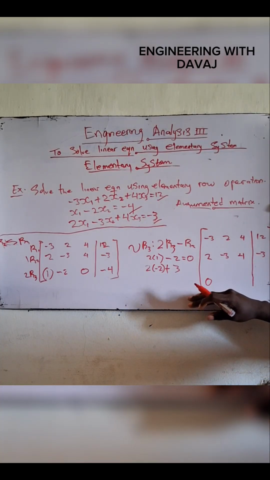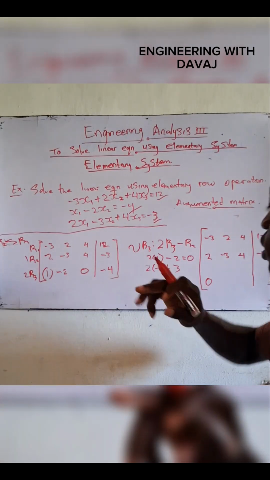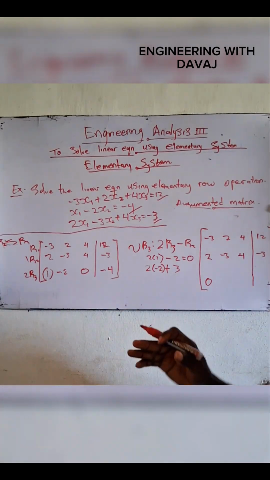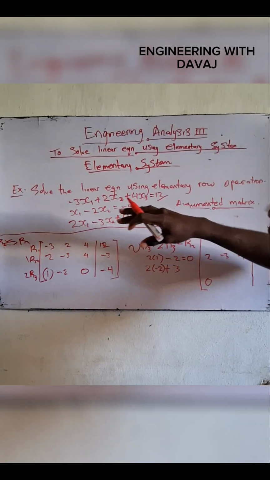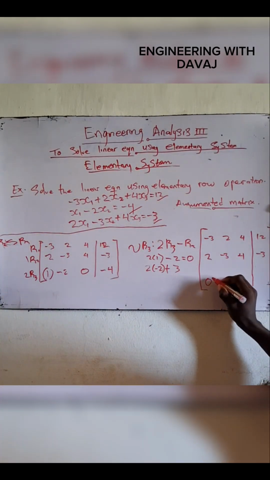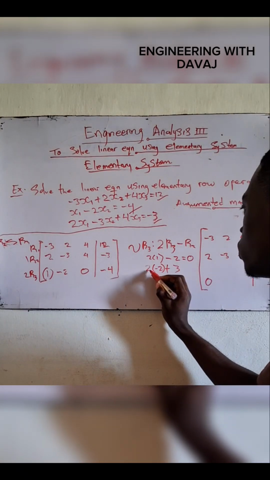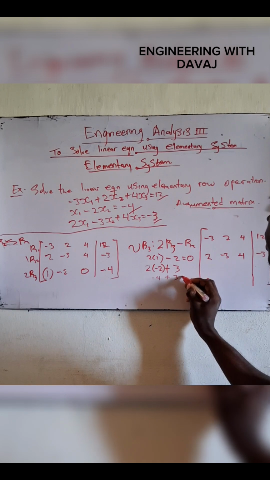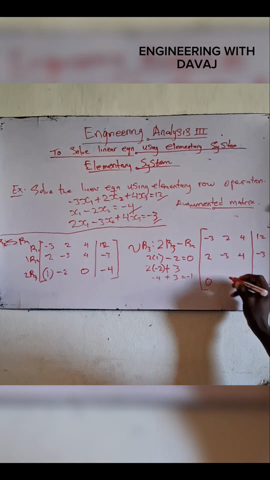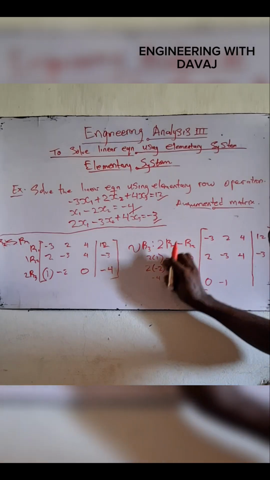Why do I want to make this place 0, and turn this place and this place to 0? Because I want to make this an upper triangular matrix, as I've said earlier, to be able to get a solution for this linear equation. So 2 times minus 2 is minus 4, plus 3, and that equals minus 1. So this place is going to be minus 1.